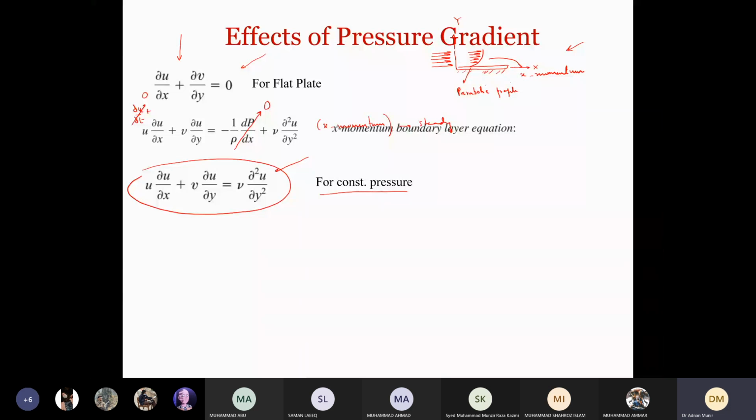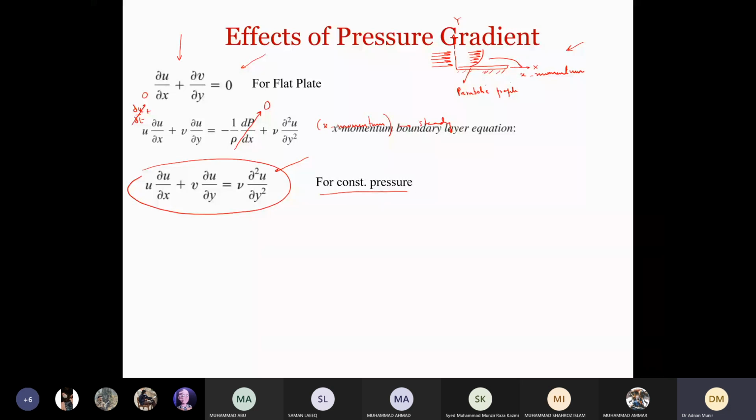So far we have not considered the effect of pressure gradient. We have assumed the pressure gradient to be zero, and that is why we have the equation like this. This equation is also called the Prandtl-Blasius equation, as we discussed in the last few slides, and it gives us a parabolic profile like this.